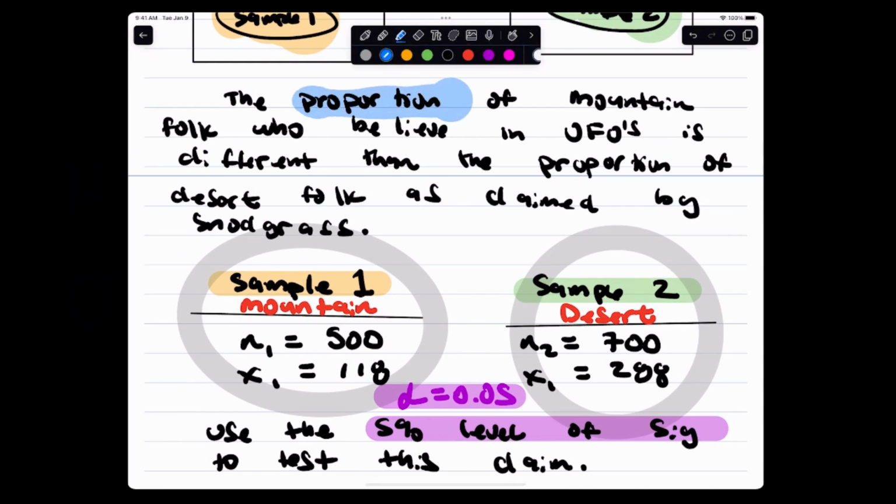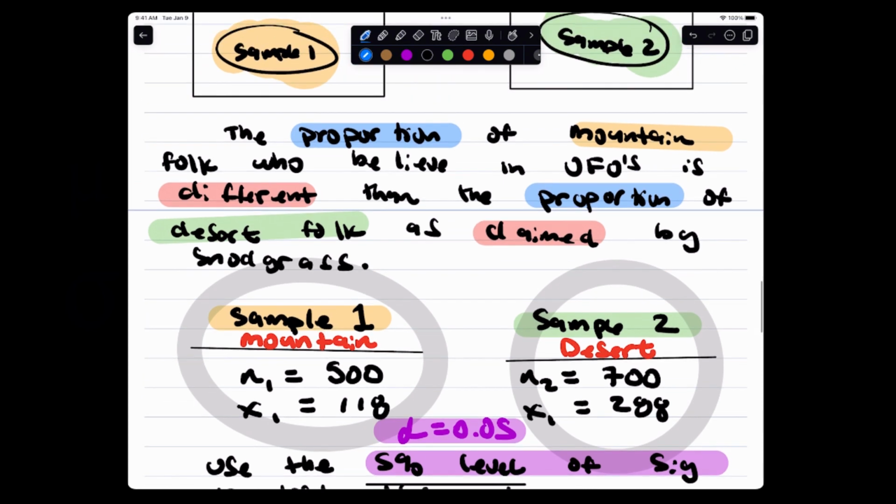The proportion of who? What's your first group? Mountain folk who believe in UFOs is different than the proportion of desert folk, as claimed by who? Snodgrass. So let's write this down. This is going to be P1, P2. What does different mean? It's not the same.